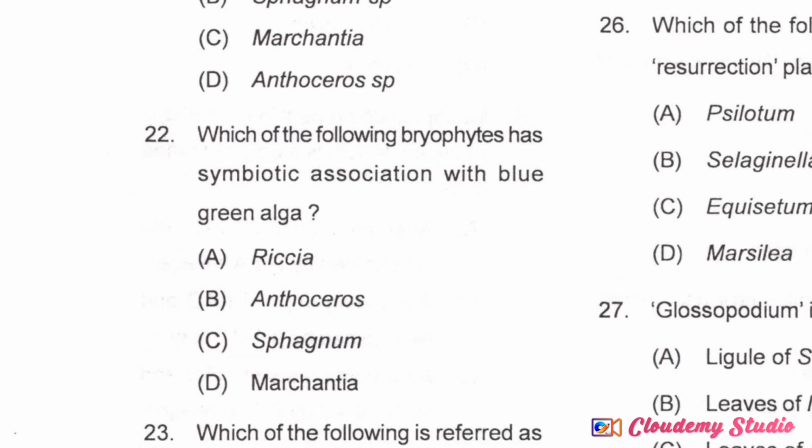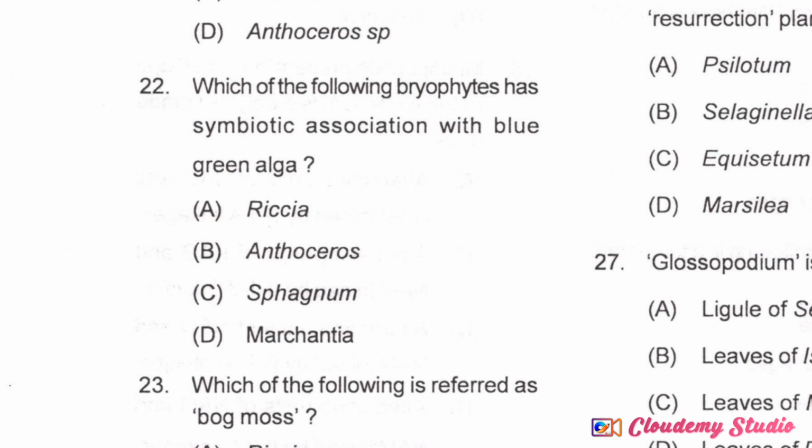Question number 22. Which of the following bryophytes has symbiotic association with blue-green algae? Anthoceros has symbiotic association with the blue-green alga Nostoc. The answer is option B.